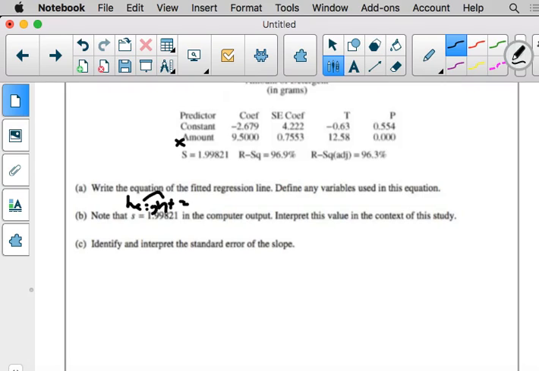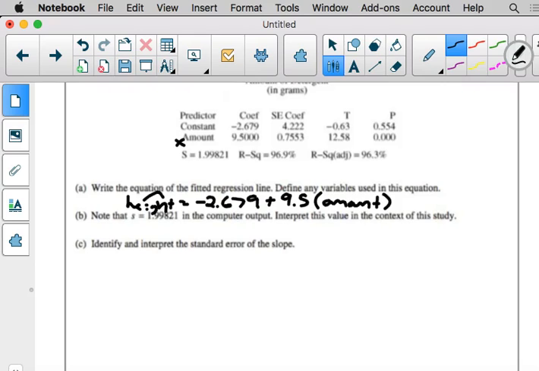Across from the constant is my y-intercept. Constant means the number by itself, plus the slope. The slope is what's across from the variable. All right, so we have that.